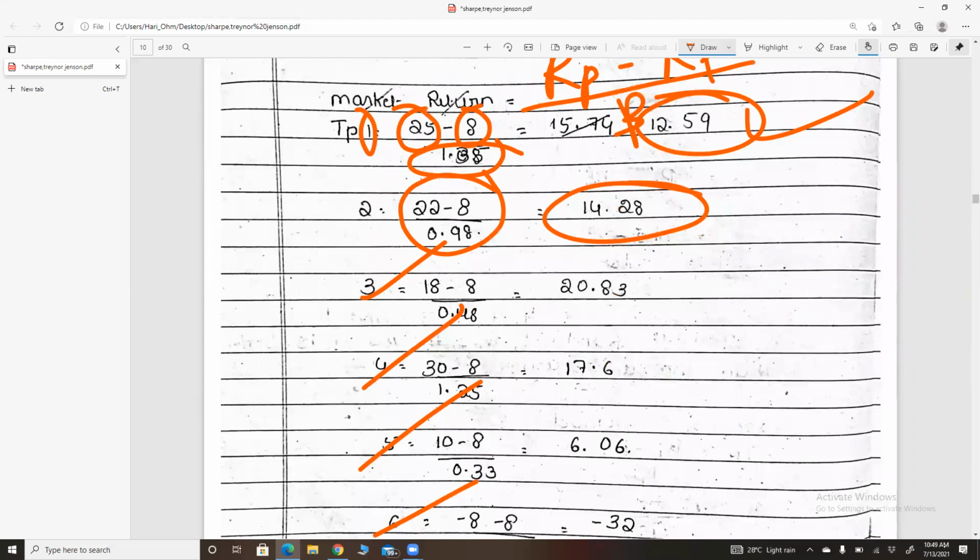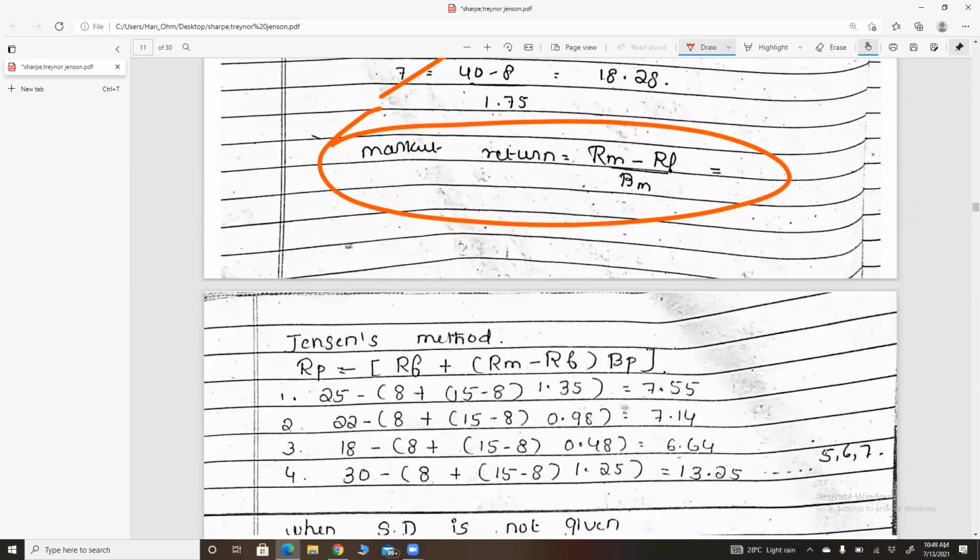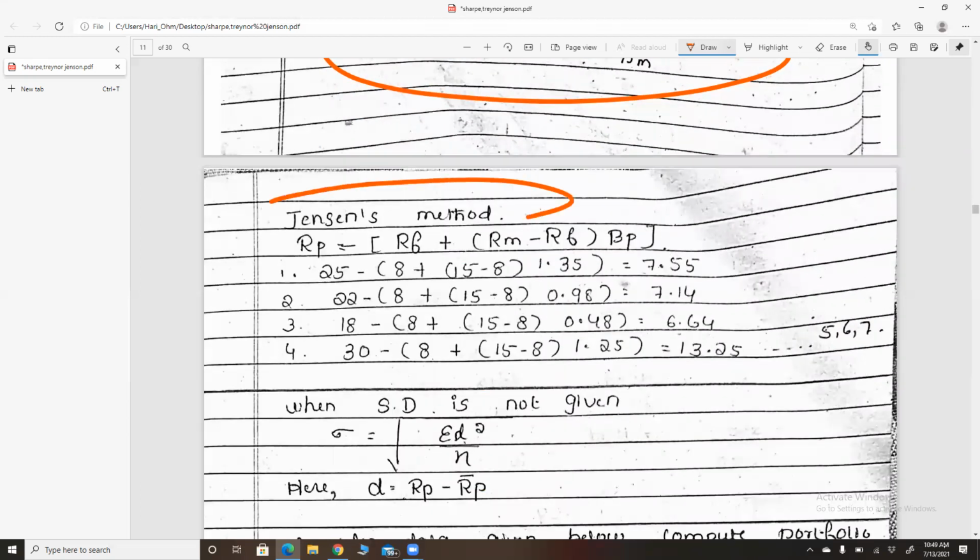Clear? Next, you need to calculate Jensen's method. Here the formula is RP minus RF plus RM minus RF into beta P. So for the first one, 25 is the RP, RF is 8, RM is 15, RF is 8, into beta, the first beta 1.35. So the answer is 7.55.